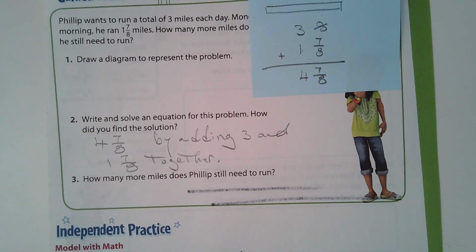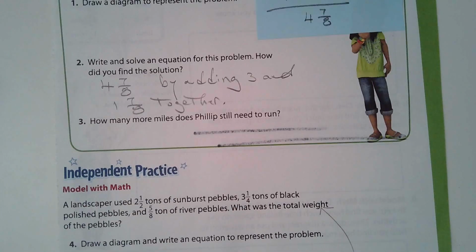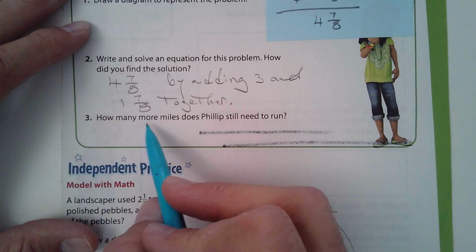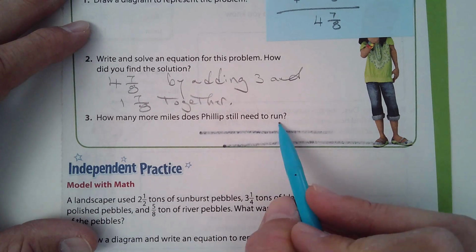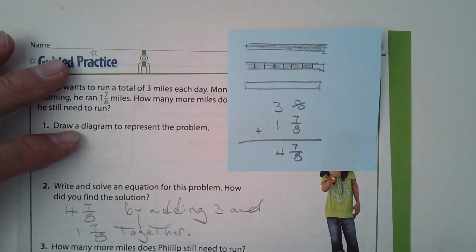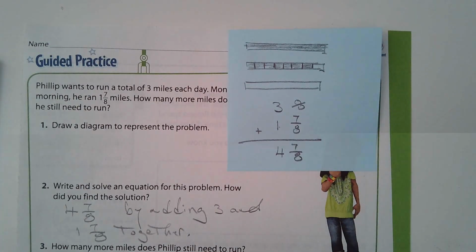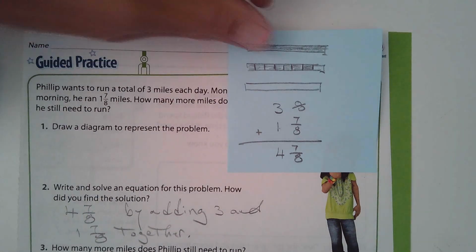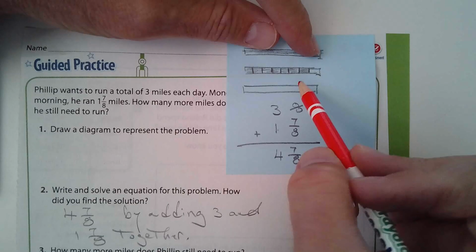Okay. And then it asks the question, how many more miles does Philip need to run? Well, let's come back to our diagram here for a moment. How many more miles does he need to run? Well, what didn't we fill in?